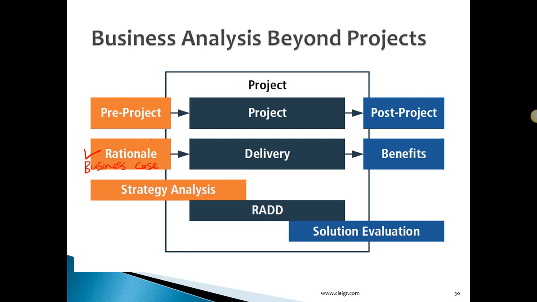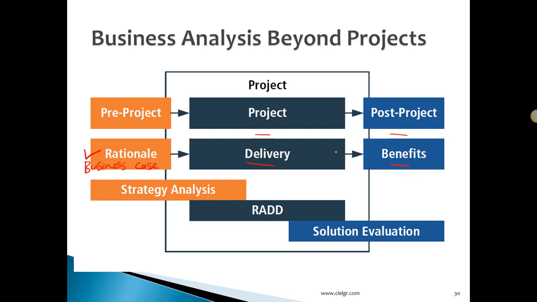So this is where we develop the business case, and then also we come up with the solution. And then once we come up with the solution, the project manager takes the solution for implementation. And that's what forms the project stage, during which the solution is expected to be delivered. And then the post-project stage is where we now begin to talk about the benefits that the project will deliver.